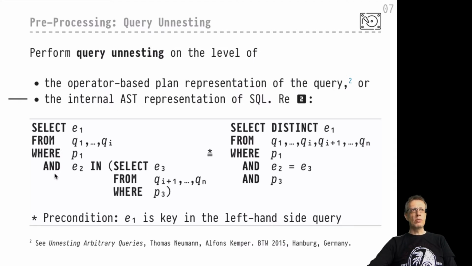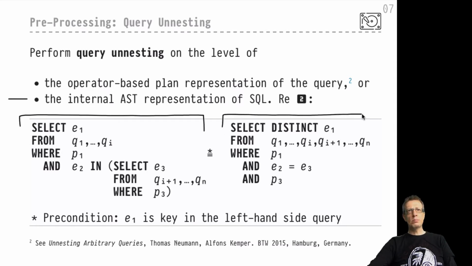We would receive as input the original user-defined query, and as output we would generate a different abstract syntax tree that describes an equivalent query, but in its normalized and unnested form. All right, so that would be the unnesting approach that operates on the level of the SQL syntax.